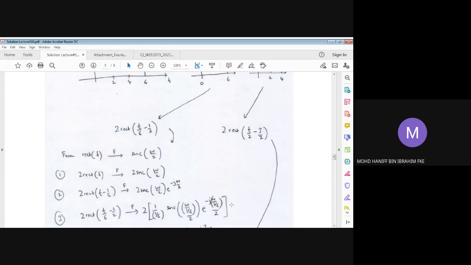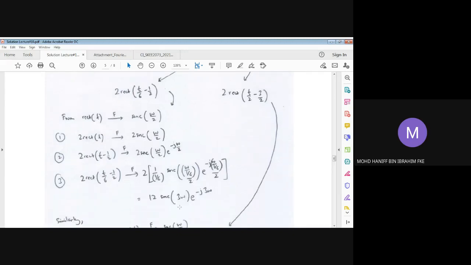So this is to cater for the effect of time scaling of 1 over 6. So we end up with the final Fourier transform for the signal 2 rect(t/6 minus half), which is 12 sinc(3 omega) exponential negative j of 3 omega.